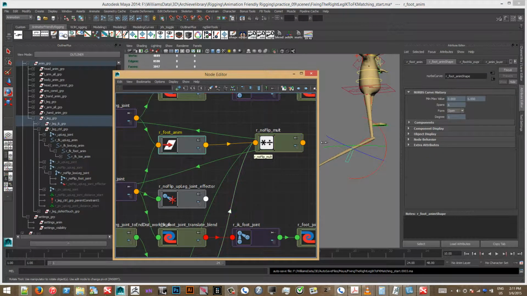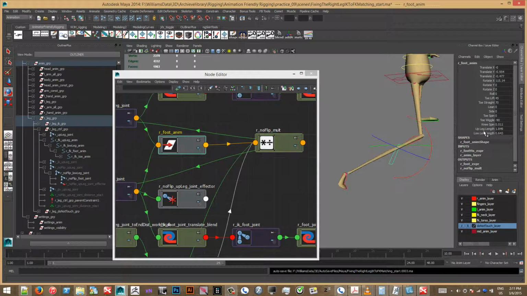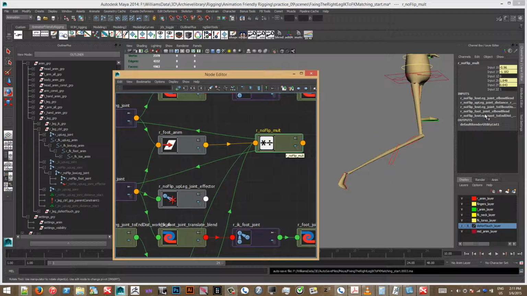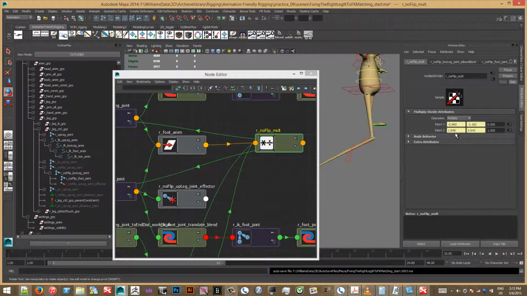Okay, R foot anim is here, and you have up leg length 1.849, low leg length 0.643, going into, I believe it's input 2, 0.643, 1.849.